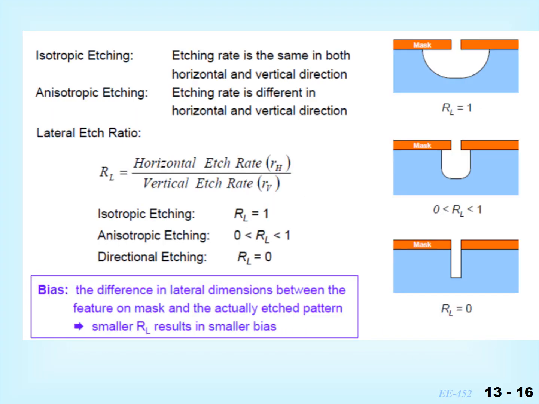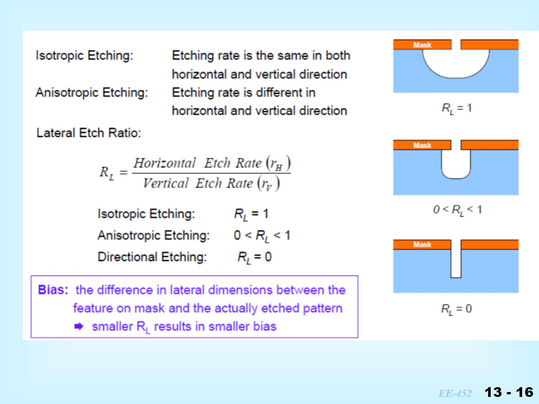Isotropic etching is the same in vertical and horizontal directions, whereas in anisotropic etching the rate is different in the two directions. If we define a formula known as the lateral etch ratio, horizontal etch rate upon vertical etch rate, then for isotropic etching it will be equal to 1 because both are equal. For anisotropic etching it will be between 0 and 1.